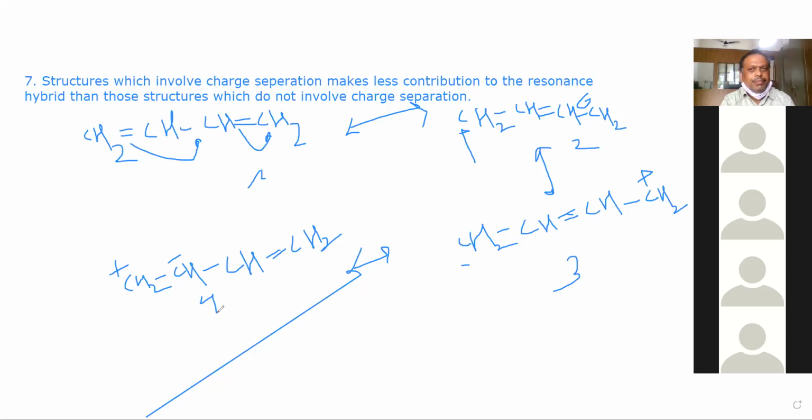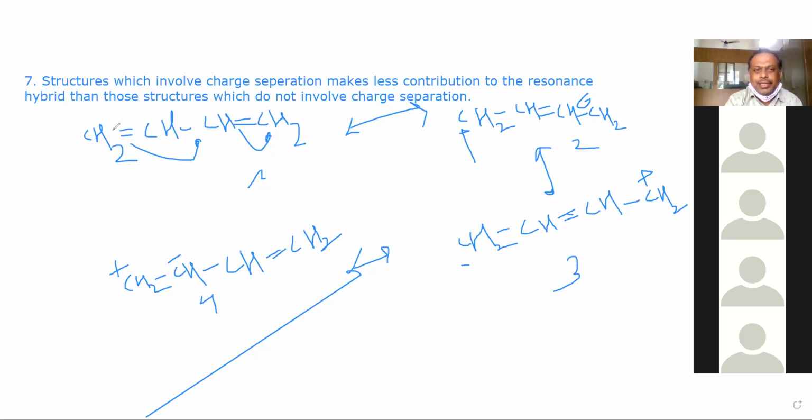Structures which involve charge separation take less contribution to the resonance hybrid than those structures which do not involve charge separation. आता याच्यामध्ये structure second, third, fourth less stable. म्हणजे 2, 3 आणि 4 हे less stable structures आहेत due to they involve the charge separation, positive charge, negative positive and positive negative, and structure first is more stable as it does not involve any charge separation.